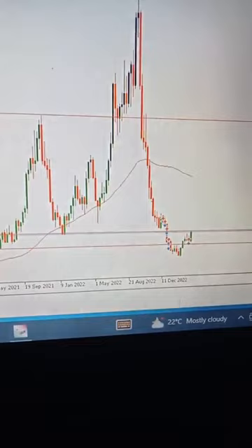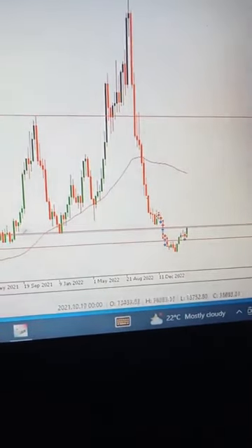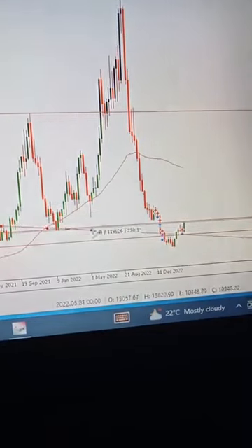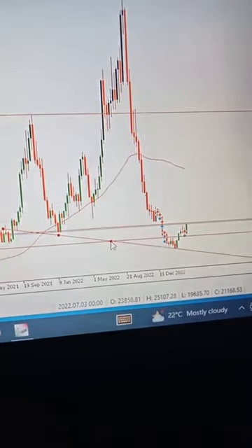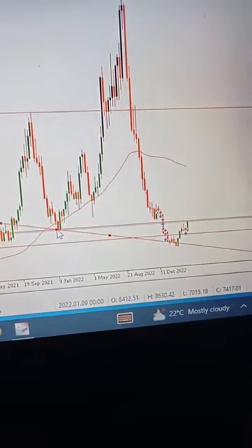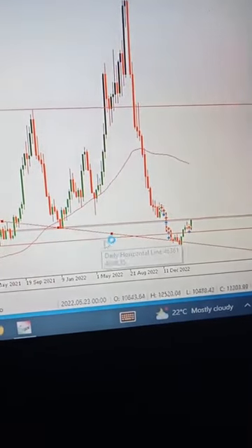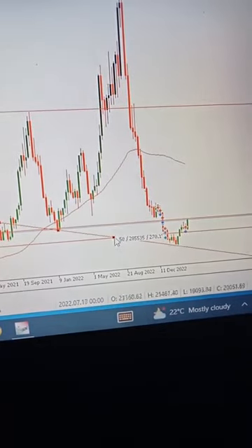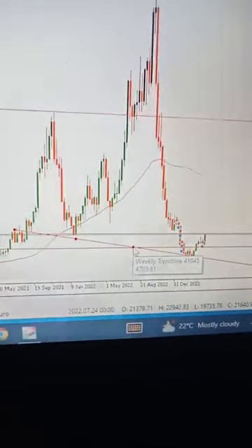Now let me show you the Quasimodo head and shoulder. It is a head and shoulder where the head and shoulder are not equal. It's the same thing as a straight head and shoulder, but the Quasimodo one is kindly slanted.